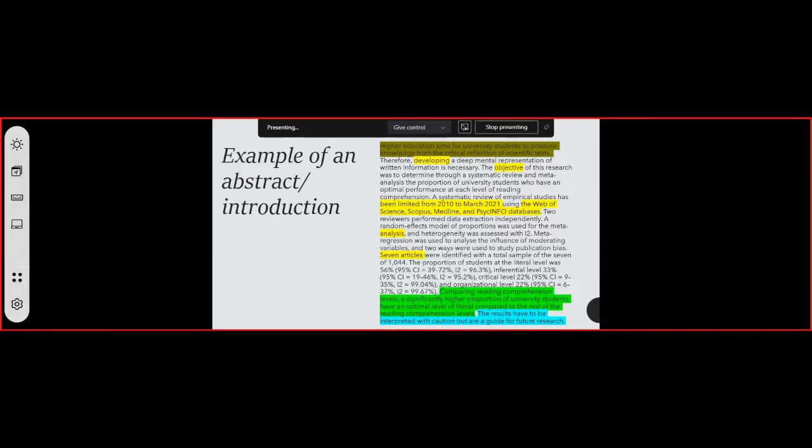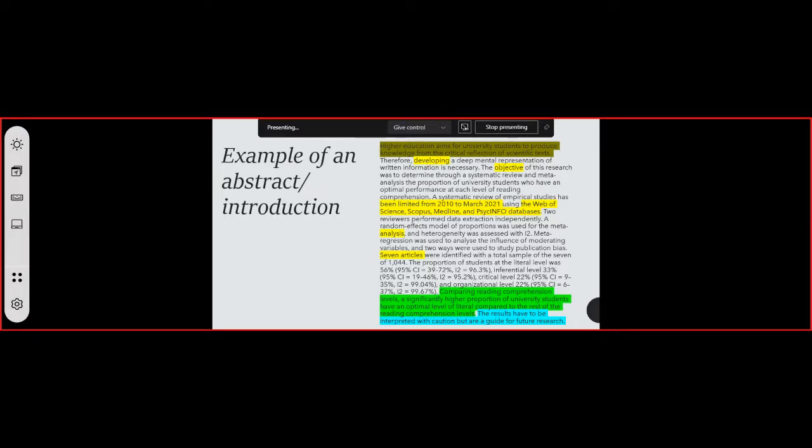Now they tell you where they got the information from, and they tell you what type of a review they did. A systematic review of empirical studies has been limited from 2010 to March 2021. Remember last time we spoke about inclusion and exclusion criteria? Well, they've now told you what is the inclusion criteria.